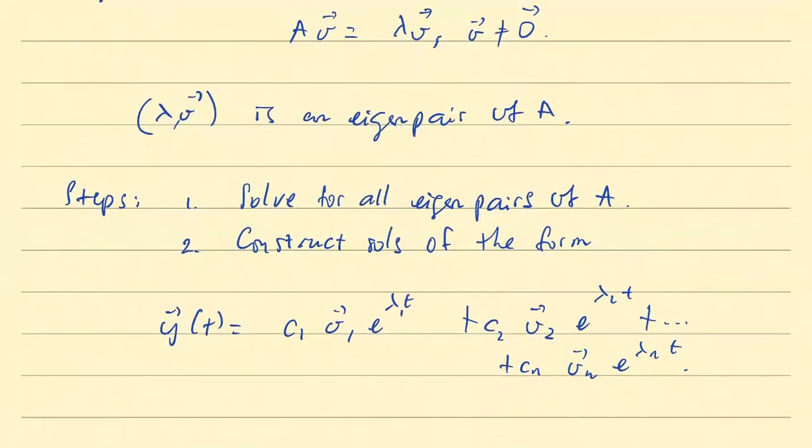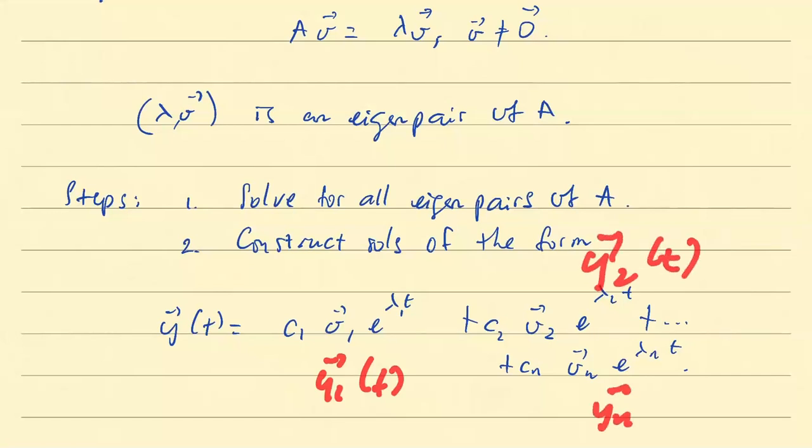Notice these are exactly your vector y1, this is your vector y2, vector yn. So that's it. That's really it.